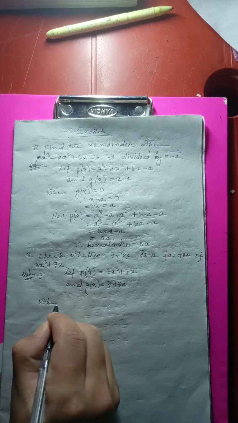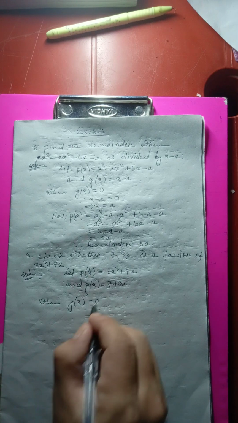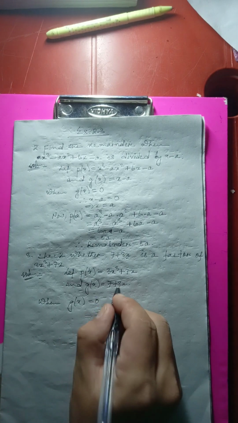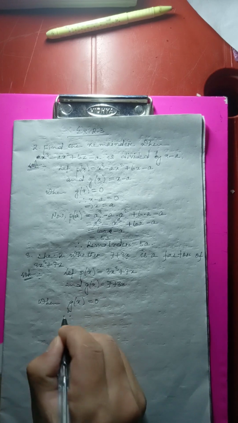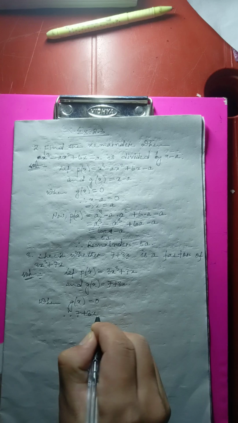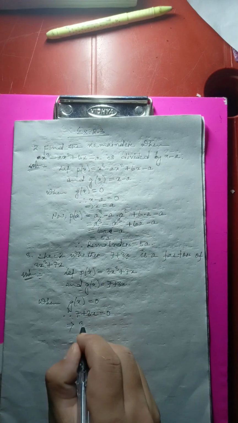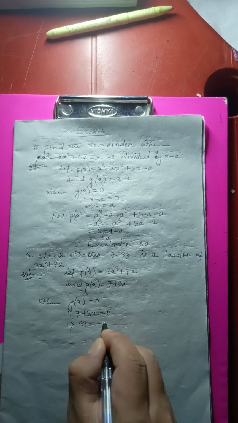Now, let us make an assumption: g of x is equal to 0. The value of g of x is 7 plus 3x, so 7 plus 3x equal to 0. If you move this 7 to the other side, it becomes minus 7.